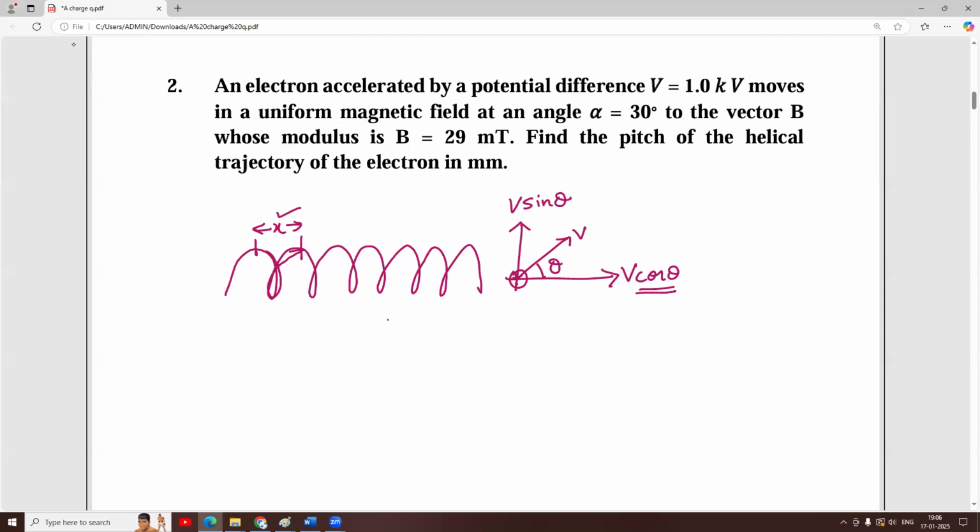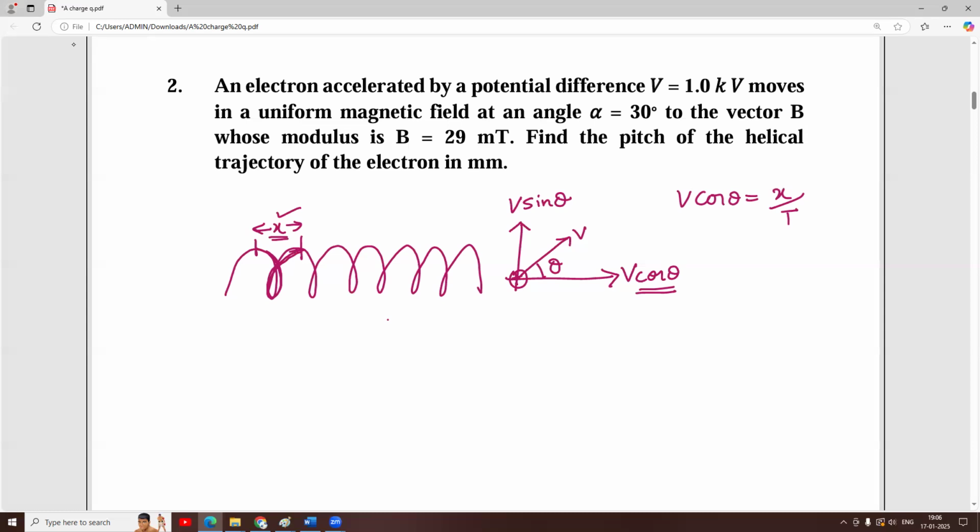This distance x is traveled in a time of 1 period, because by that time the charged particle has completed one full rotation, one circular path. Now we can write v cos theta is equal to the distance traveled in 1 period, because that x is traversed along the direction of the field in a time of one rotation.